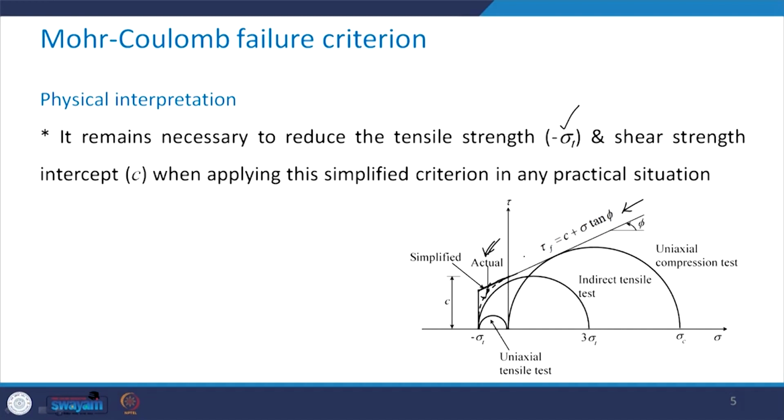If you take a look, the shear strength by this simplified version will always be higher than the actual one, and therefore, when we use it for any practical situation, we need to reduce the tensile strength and the shear strength intercept, which is C.